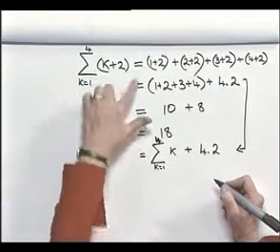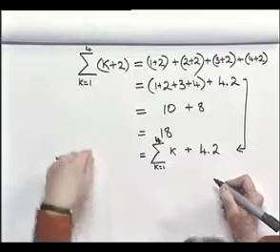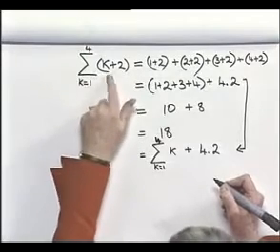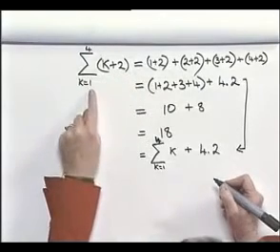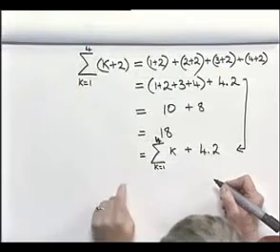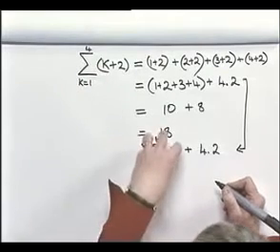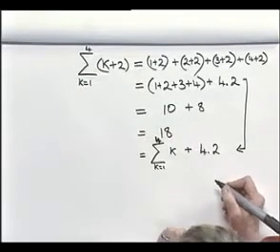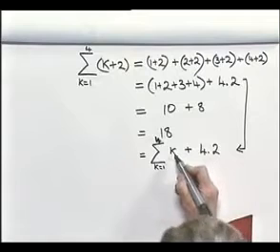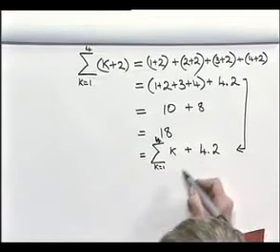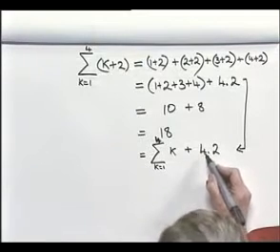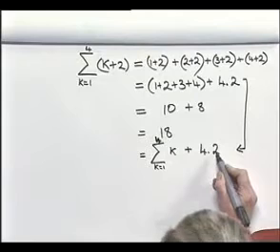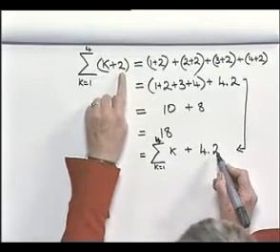So, looking back at what we started with, we've got sigma of k plus 2 from k equals 1 to 4, and it's expanded out to sigma of k on its own from k equal 1 to 4, plus 4 times 2, where 2 is the constant that was added to the k.